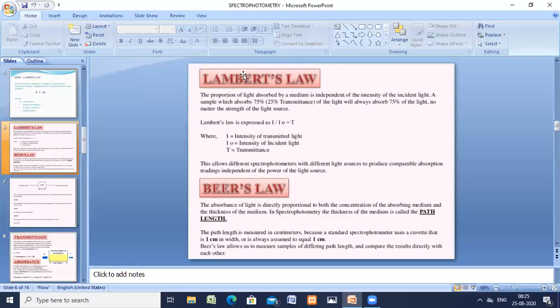Similarly, transmitted light decreases due to an increase in the concentration of the absorbing medium. That is Beer's law. Lambert's law explains the thickness of the medium, Beer's law explains the concentration. On combining both of them, we get the Beer-Lambert law.